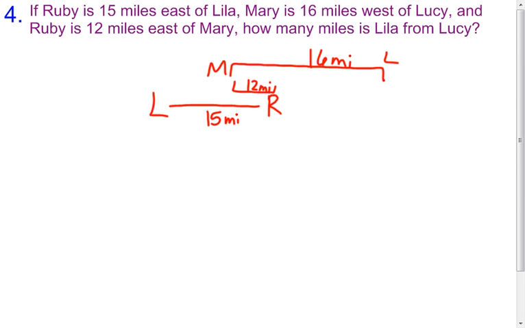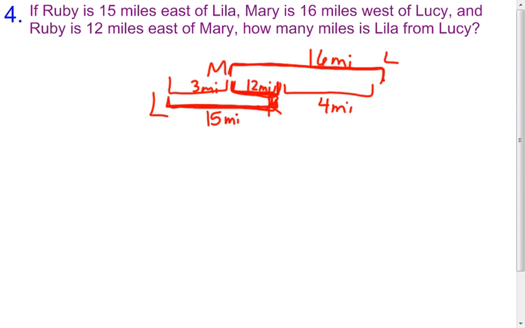From here to here, it's 15. Now I want you to think about this. If this is 16 from here to here, and this is 12, then this has to be 4 miles. And we know it's 15 from here to here, and it's 12 from here to here, so this distance is 3 miles.